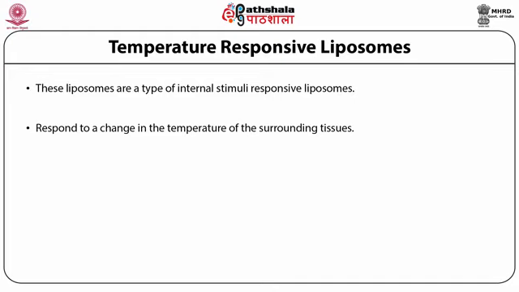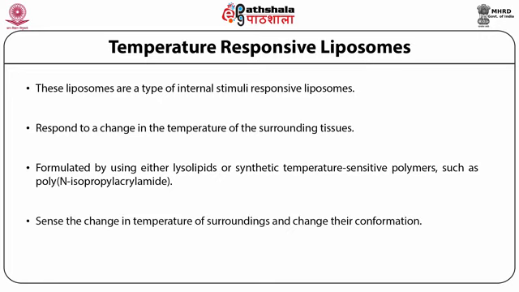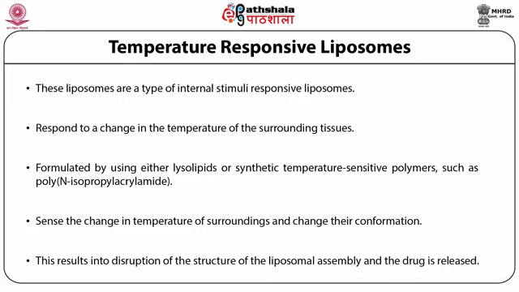Temperature sensitive liposomes can be formulated by using either lysolipids or synthetic temperature sensitive polymers, such as poly N-isopropyl acrylamide. Temperature sensitive lipids or polymers sense the changes in temperature of the surroundings and change their conformation. This results in disruption of the structure of the liposomal assembly and the drug is released.